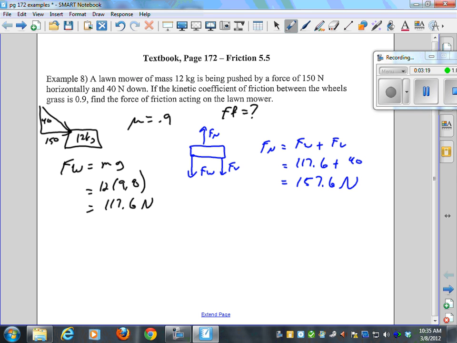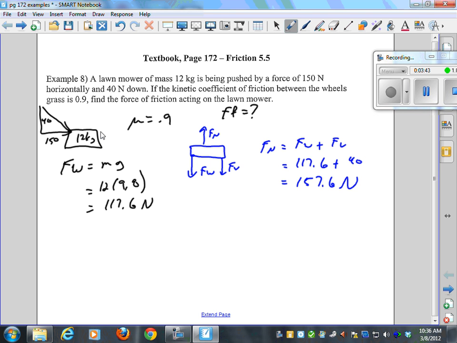If you're pushing at a constant speed, shouldn't the net force be 0? Which would mean that if I'm pushing sideways at 150 newtons, shouldn't the friction force be 150 newtons in the opposite direction? Wouldn't that just be the answer?